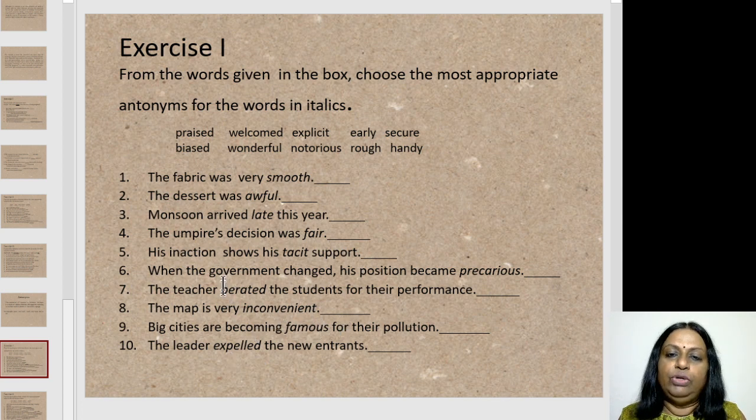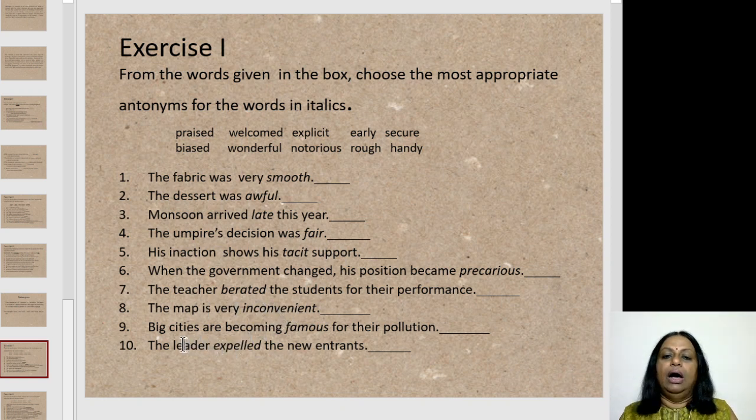The opposite would be praise. The teacher praised the students for their performance. Look at sentence 8. The map is very inconvenient. So we need to pick an opposite for the word inconvenient. What is the word we would pick? Handy. The map is very handy, useful.